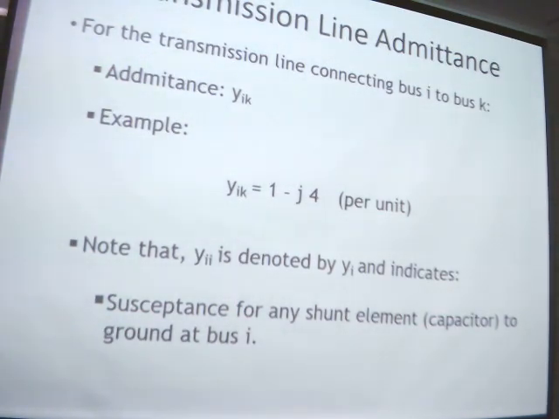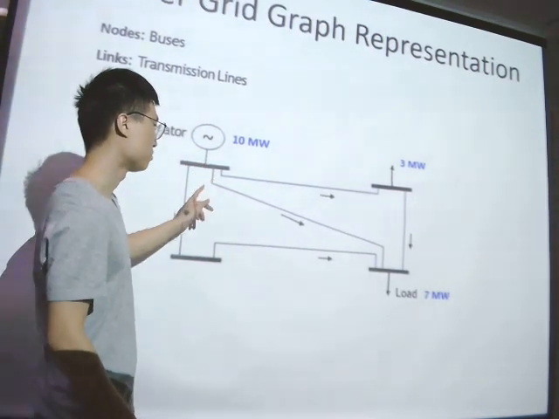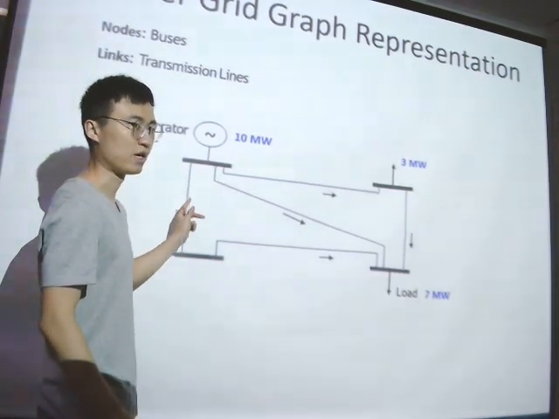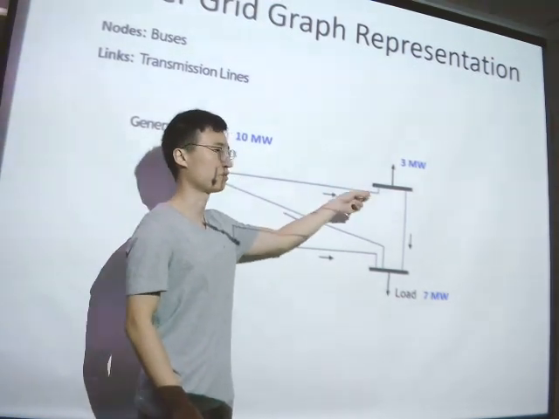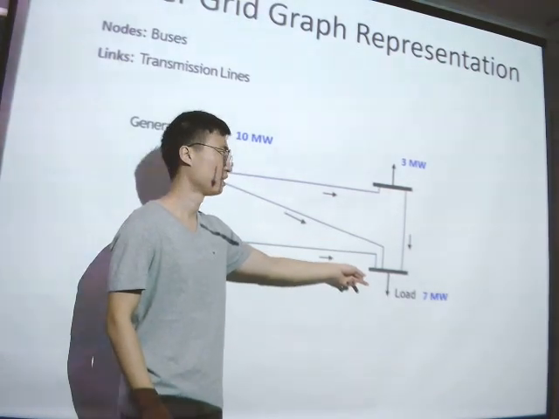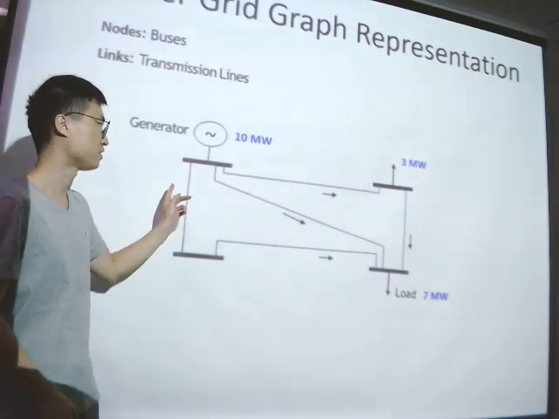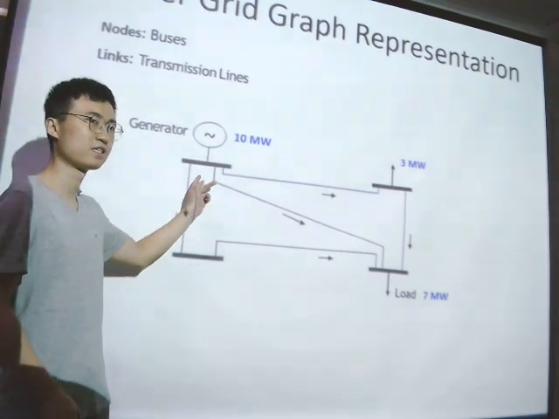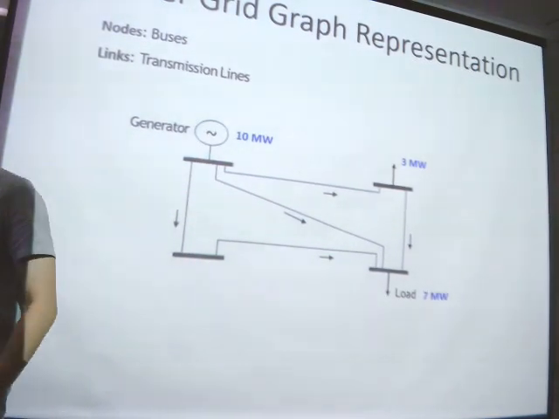If a transmission line is connecting from bus i to bus k, then from bus 1 to bus 2 we denote Y12, from bus 1 to bus 3, Y13, Y14, and for this Y24, Y34. Please pay attention that Y12 and Y21 are different variables, 1 to 2 or 2 to 1.